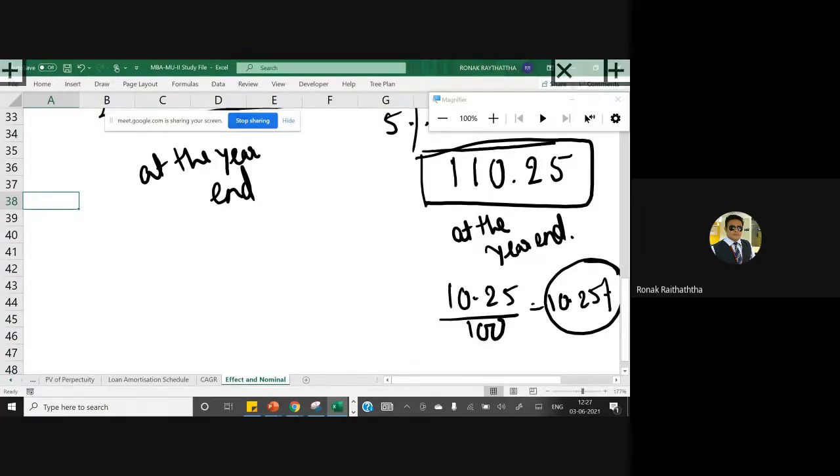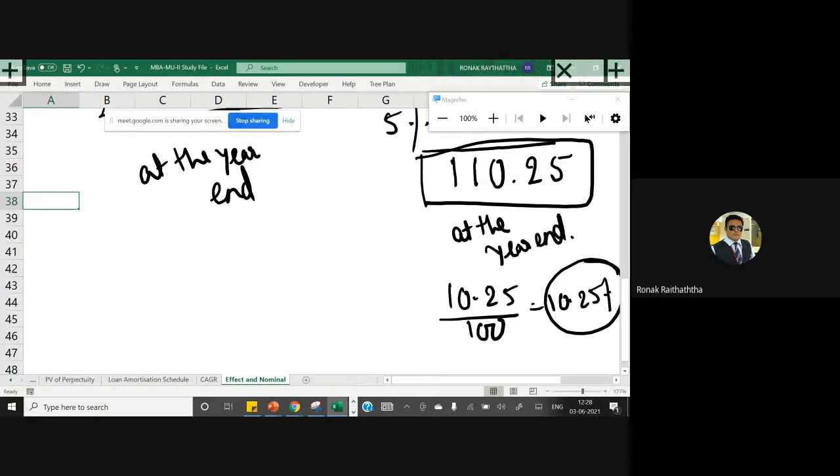So if you convert again into a monthly basis, then the rate would be even higher than 10.25%. If you convert into a daily basis, the rate would even be higher. And it would be the highest when the compounding would be done exponentially, continuously.